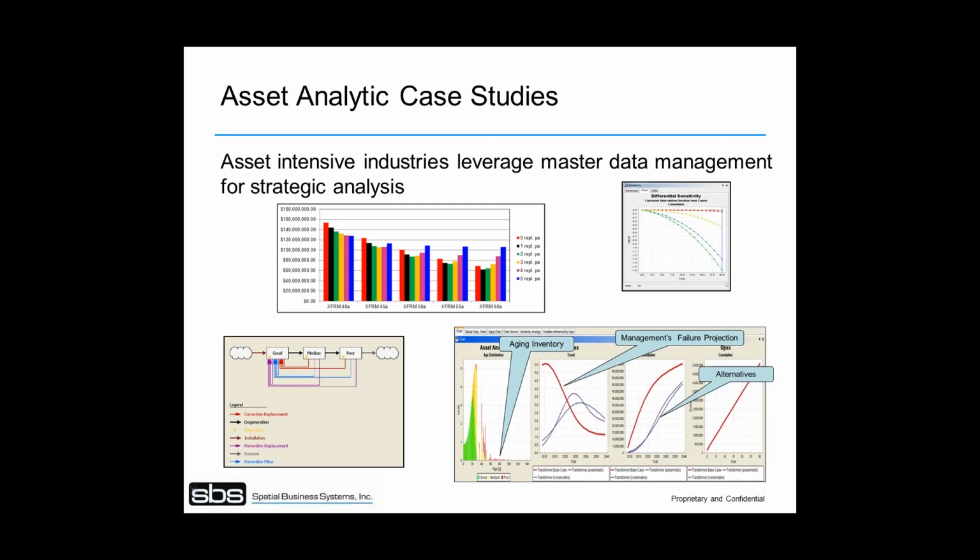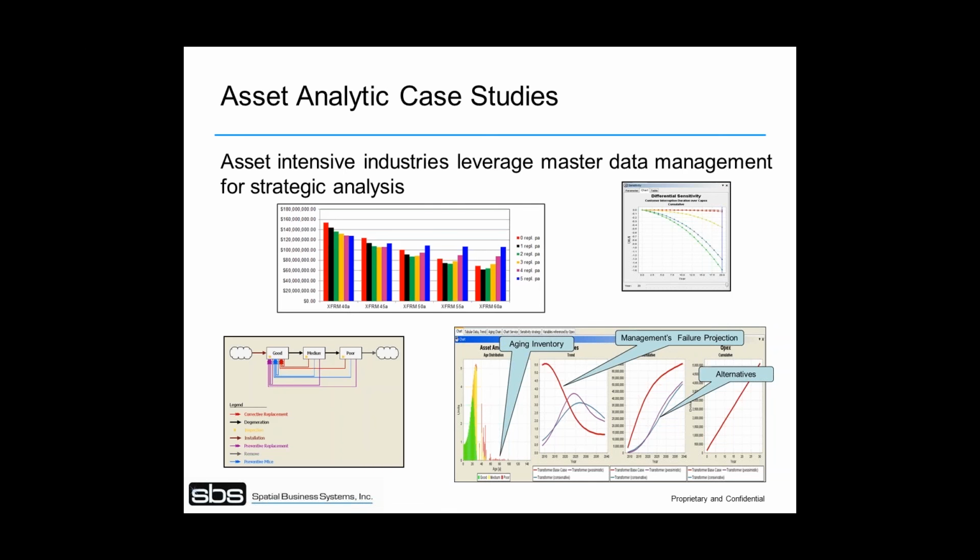And then the other one that I wanted to share here is an aging inventory problem, and this was a different domain that we were dealing with in the bottom right. And what was kind of interesting, if you look at the one curve on the master data management's failure projection, that is the red line there that was when we interviewed the subject matter experts.